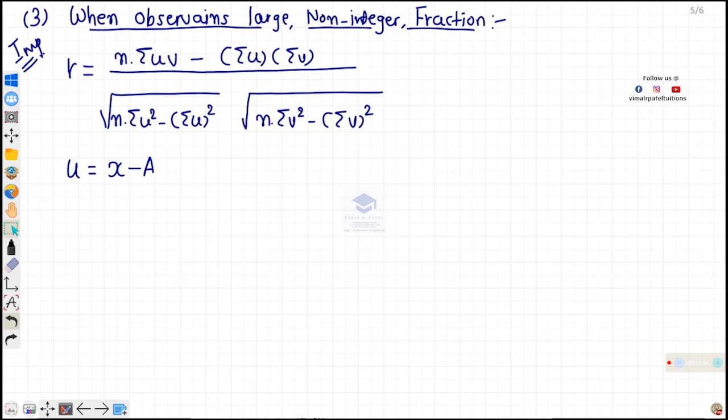And if all the observations have the same class length, for example, all the values of x are divisible by 5, 10, or 100, then you will divide. Or if they are multiplied by 0.1, 0.2, 0.3, then you have to multiply. Your purpose is to simplify the data so that your calculation will be easier.